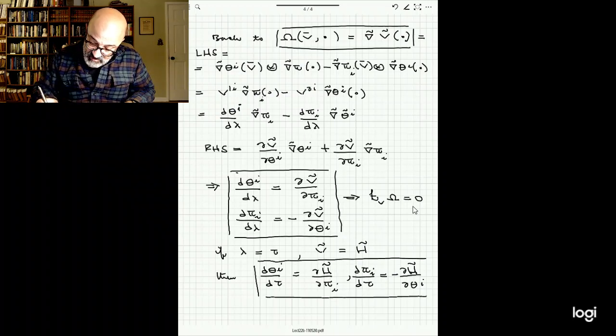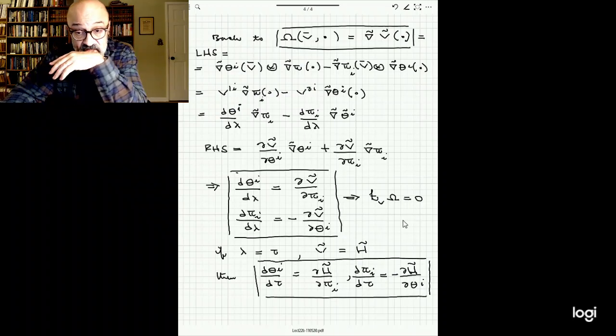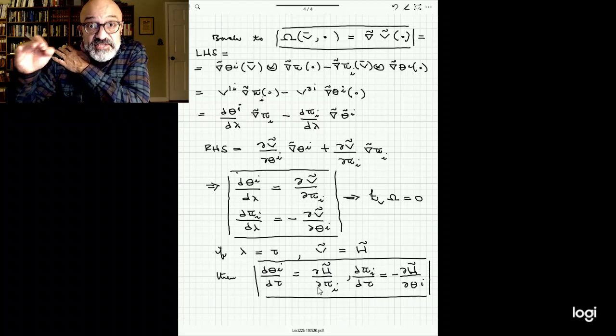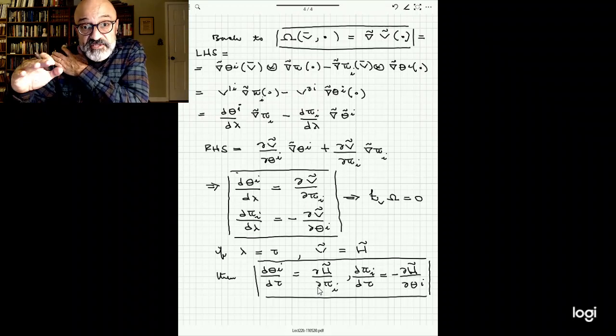What should we derive or conclude from this? What this tells you is that the structure of the equations of classical mechanics is essentially of a very geometrical nature.